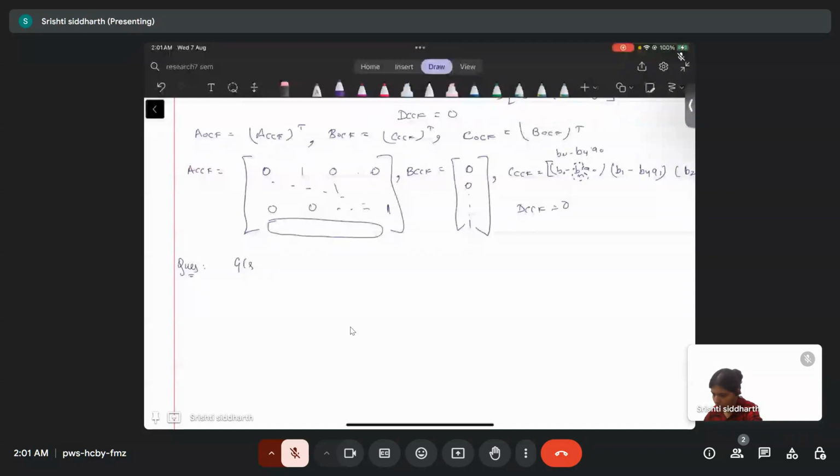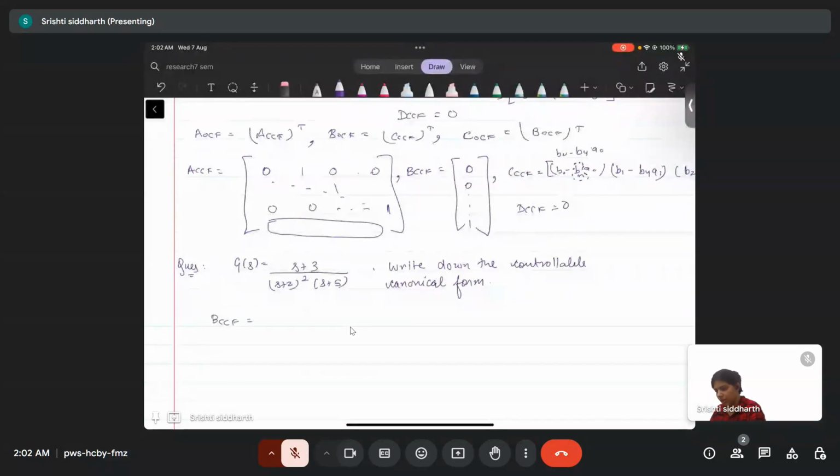So we have to write down the controllable canonical form. Alright. So we already know what B is going to look like. So BCCF is just going to be 0, 0, 1, and DCCF is going to be 0.